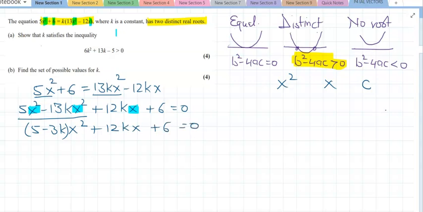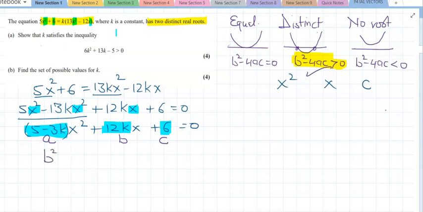This is a quadratic equation, and you can see that this is the coefficient of x square, this is the coefficient of x, and this is a constant. And you know very well, this is a, this is b, and this is c. Now we have to use this formula: b square minus 4ac is greater than 0.